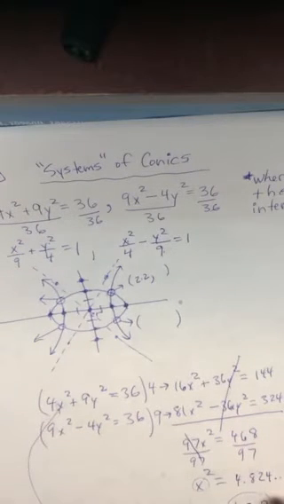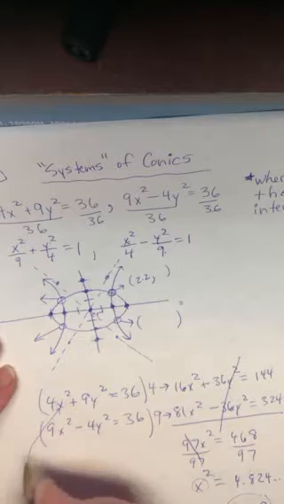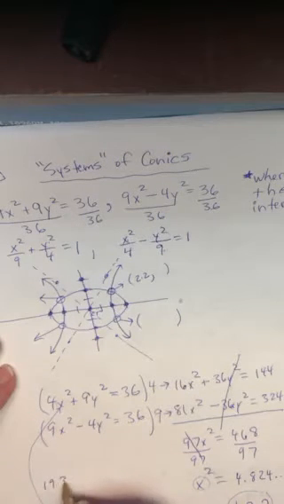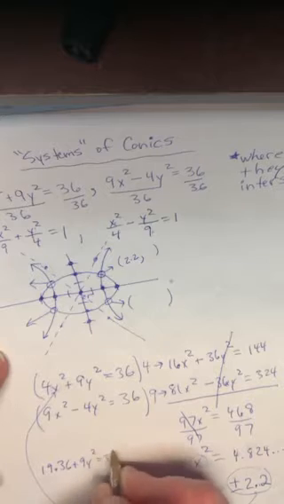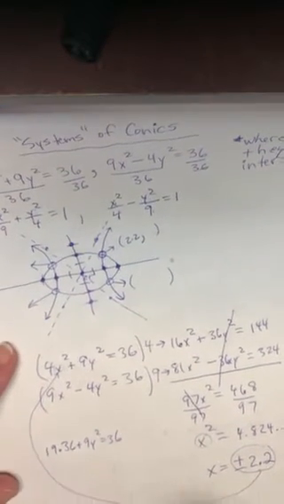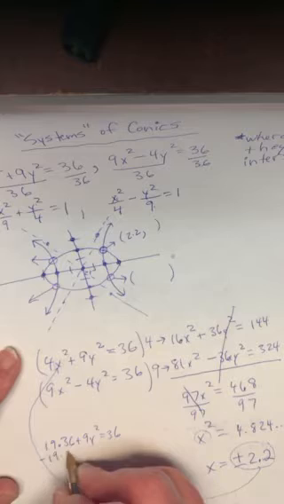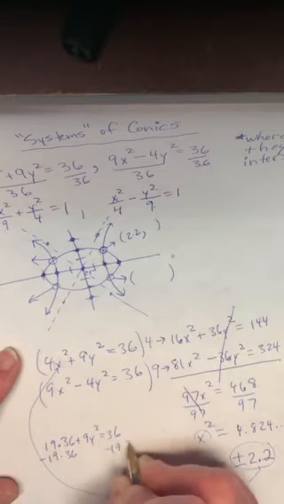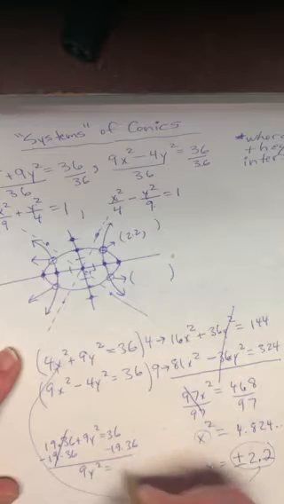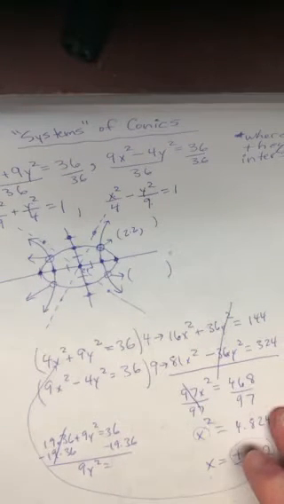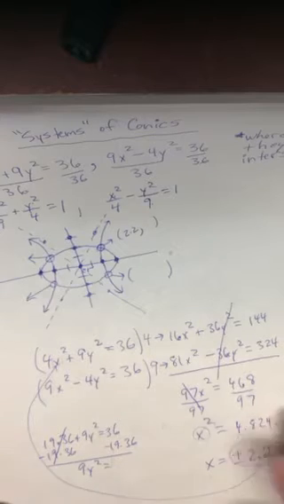So I'm going to take 4.84 times 4, giving me 19.36 plus 9y squared equals 36. I'm going to subtract the 19.36. So calculator-wise, I'm going to push 36 minus 19.36, getting 16.64.